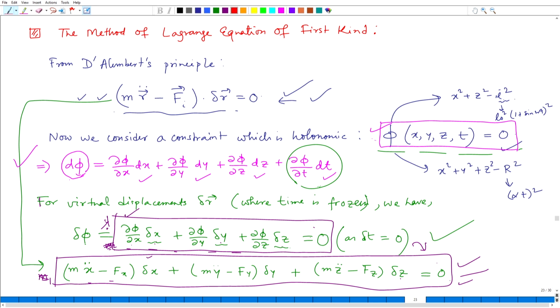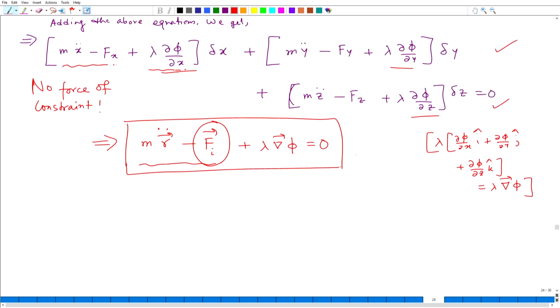On the other hand, here what I am doing right from the beginning is I take the constraint, taking this for simplicity as a holonomic constraint, for which you have this specific form, and you finally can show that this is given by this one.